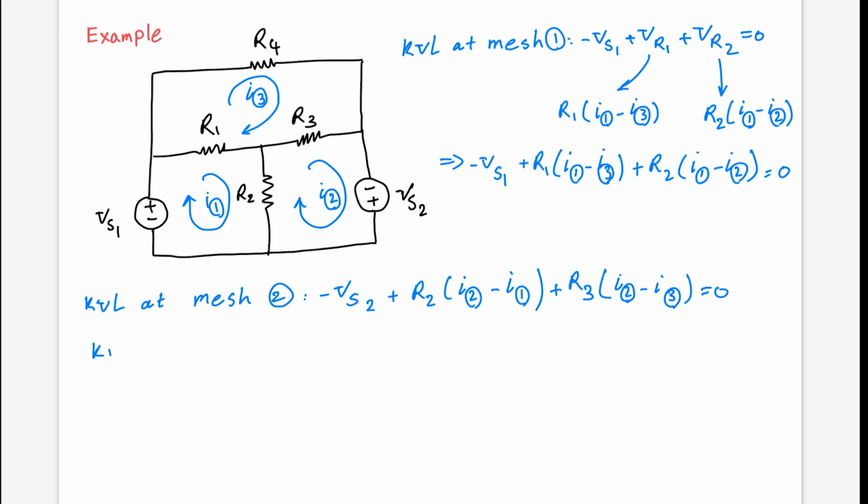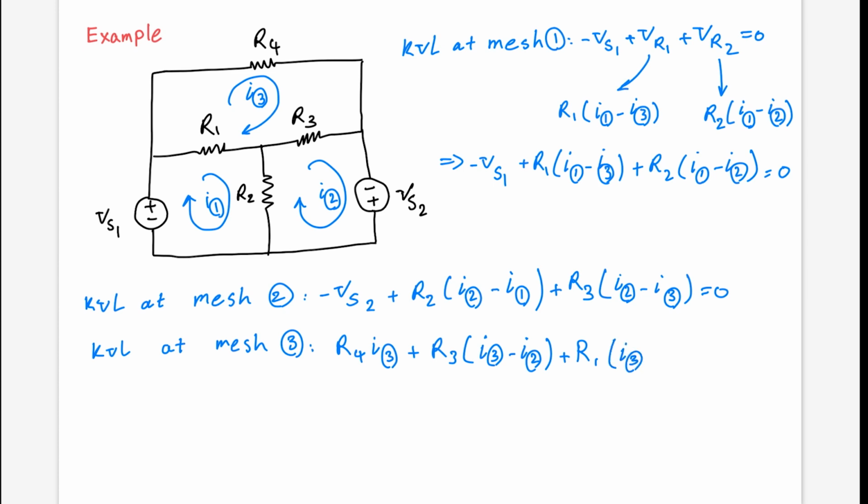And similarly, KVL at mesh 3 will be R4 I3 plus R3 times I3 minus I2, plus R1 times I3 minus I1, equal to 0.